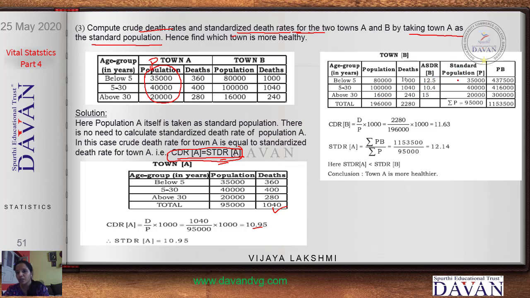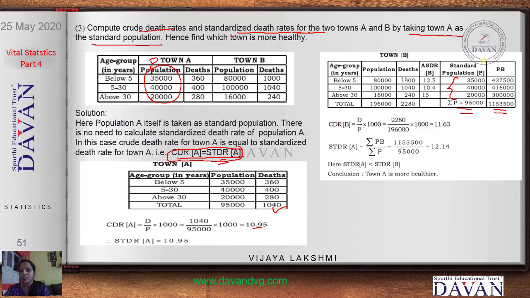As they have said, you are taking the town A population as the standard population, so this standard population is nothing but the population of town A because it is given in the question. Next, multiply the ASDR of B with the population, which gives you the PB value. Take the summation of PB, take the summation of P, and substitute it in the formula.